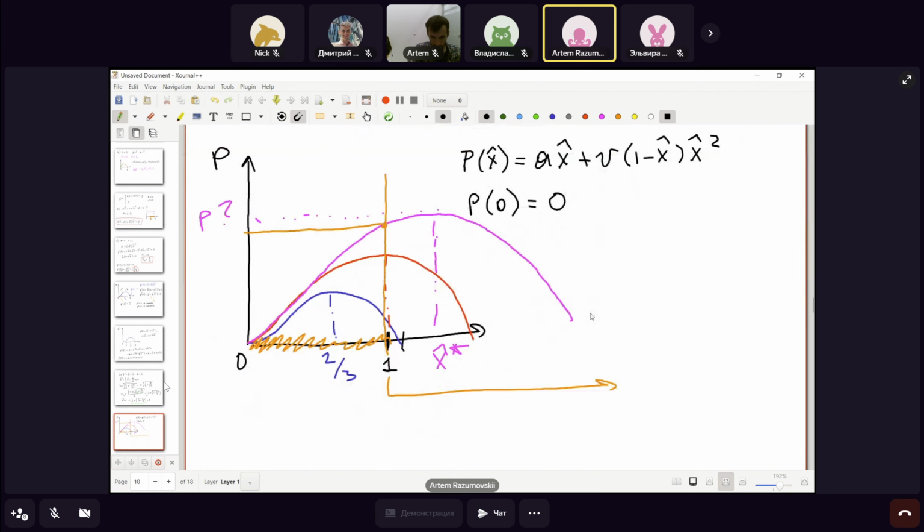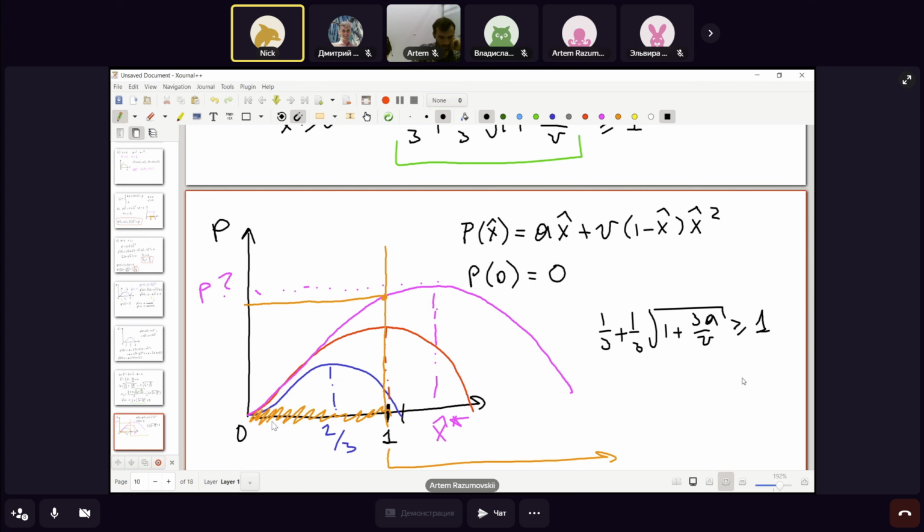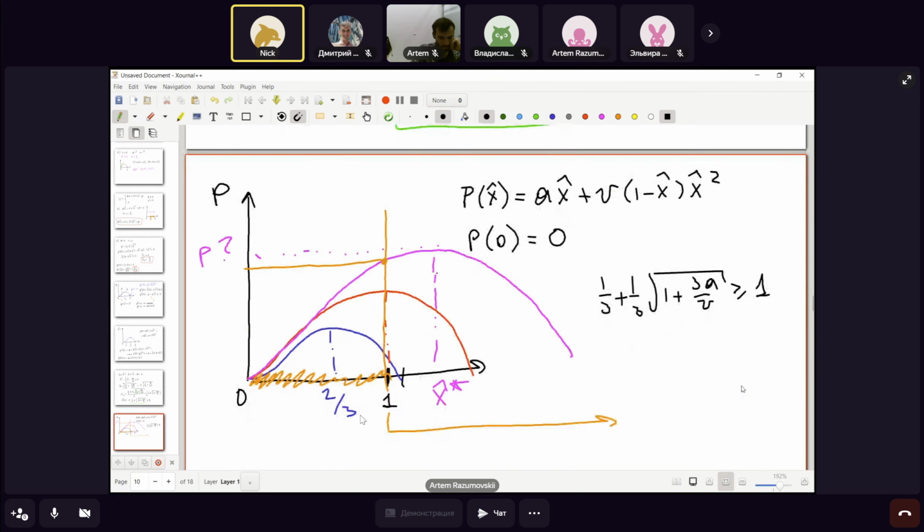So then let me solve this. If we have the solution that this x should be, I don't know, some millions, we just draw this function, draw this graph, calculate it, and just find its value in x equal to 1, because we just don't have more consumers.